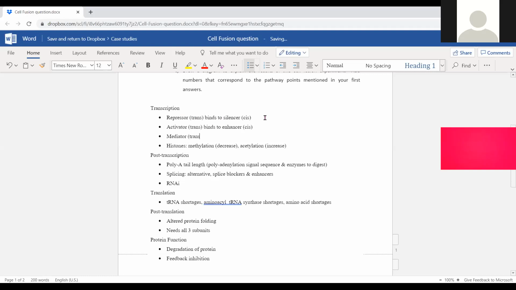Mediators float around. They can move. Now, the histones themselves, once they're put into place, are cis-acting, but the enzymes causing these changes are trans-acting, like your kinases and stuff.